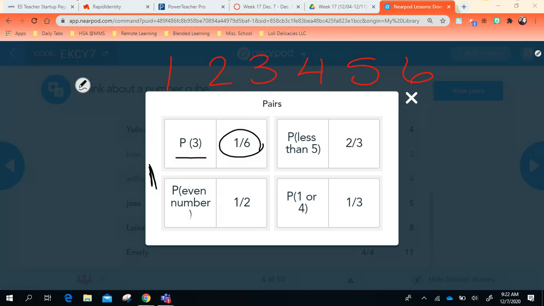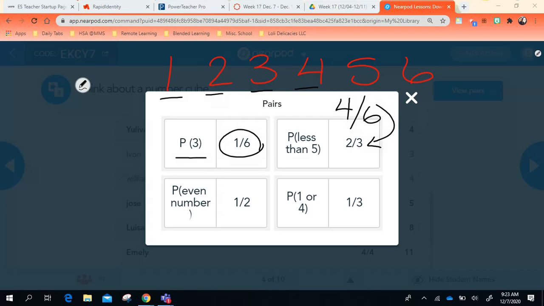Ruby, what is it? 1, 2, 3, and 4. So that's how many numbers? 4 out of how many total? 6. So 4/6, which I then simplified to 2/3. Remember, you can simplify using your calculator.